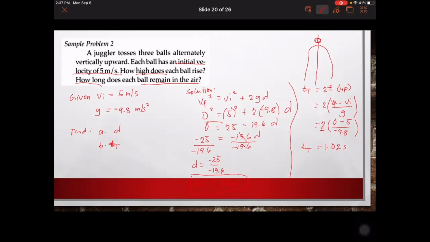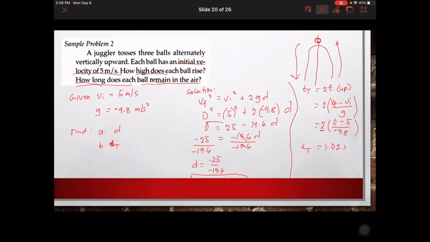Yung isa pataas, tapos yung isa ay pababa. So, pag pinag-add dyan, that is two times, dalawang flight. Kasi ang tanong is how long does it take to remain in the air? Kalahati lang, kukunin natin siya ng kalahati.